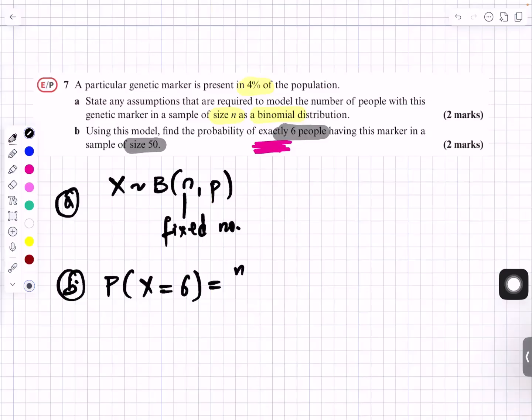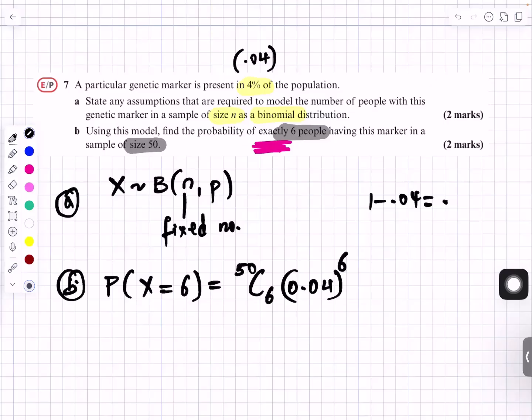So you can put the formula 50C6, 0.04. You change the 4% to 4 divided by 100, 0.04, right at the top there, to the power 6. And then 1 minus 0.04, 0.96, to the power n minus r.